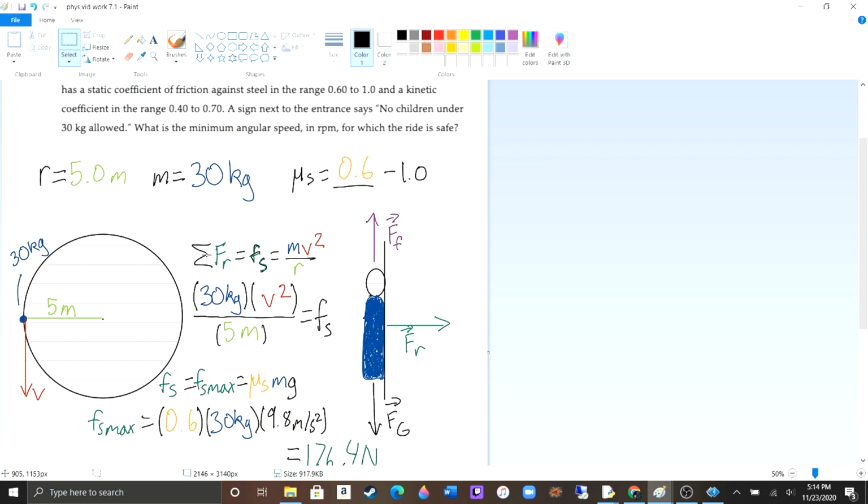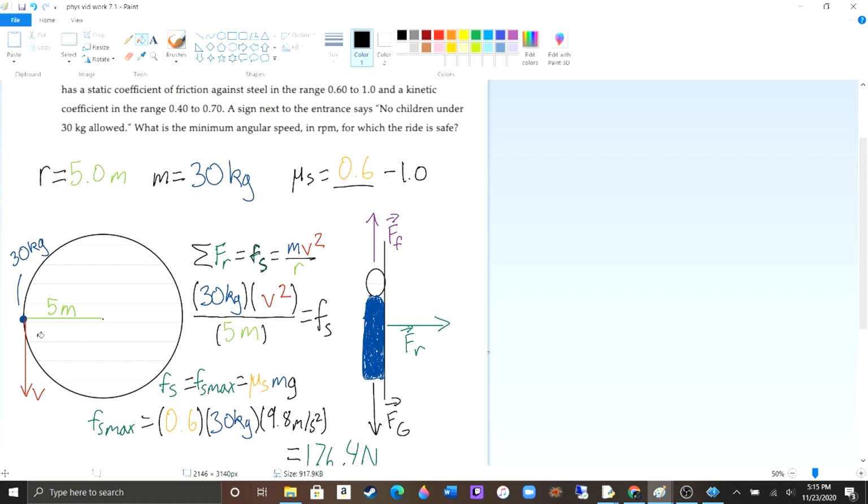From the equations of circular motion in the textbook, this right here represents the radial force. That points outwards because we're trying to move along this line, but because there's a wall there, we're getting curved around.